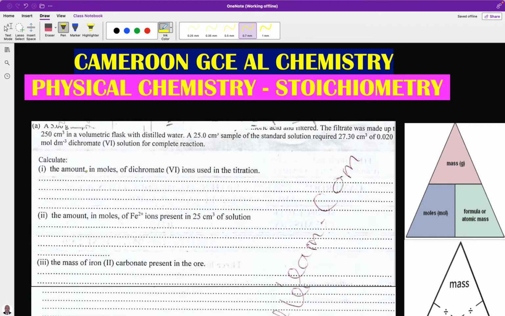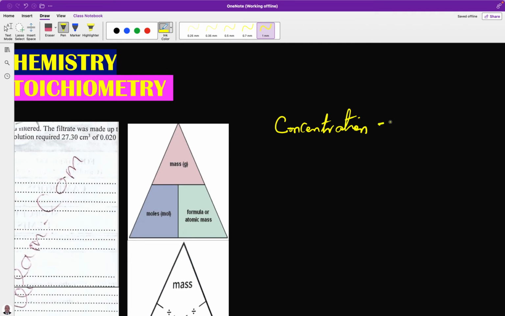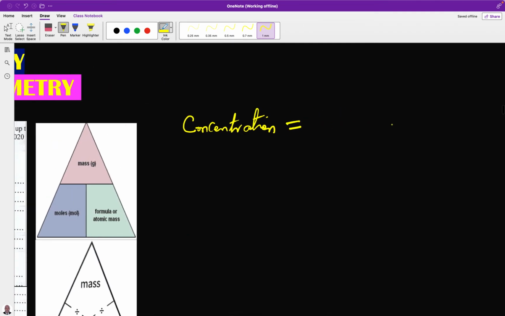Remember, let's start here. There is a formula that says concentration is equal to moles, the number of moles divided by the volume.